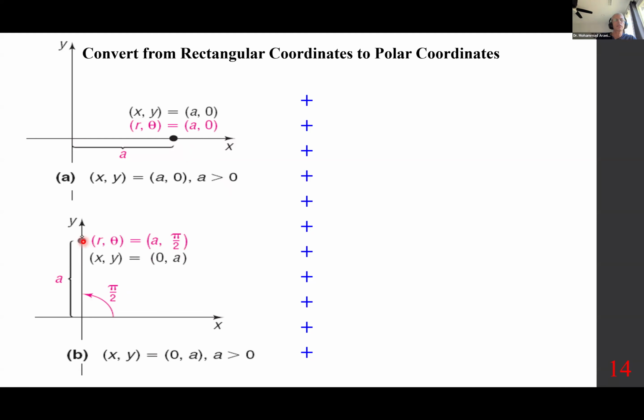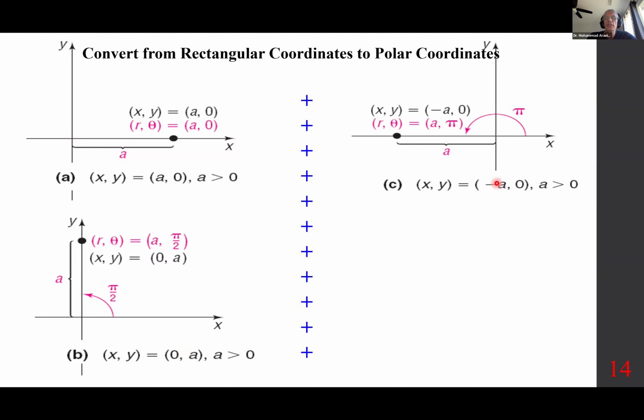Now, if you look at this point, it has coordinates 0 comma a in the rectangular coordinate system. This makes a 90-degree angle, or pi over 2. So r comma theta: r has the distance a and the angle is pi over 2, for the point 0 comma a.